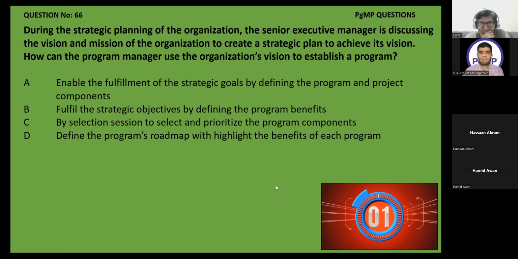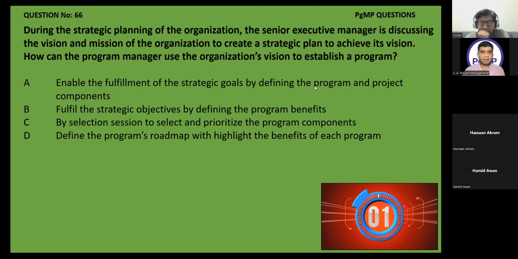And in each of our sessions, you have mentioned that a program manager works at the strategy level. So when a senior executive is defining strategic goals, the program manager must know how program benefits align with the strategic objectives. That's the reason why I gave B. But you are right that if you are at the defining stage, then it must be defining the program and components. So A seems to be correct.